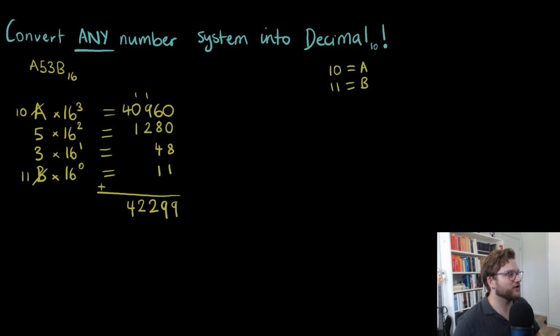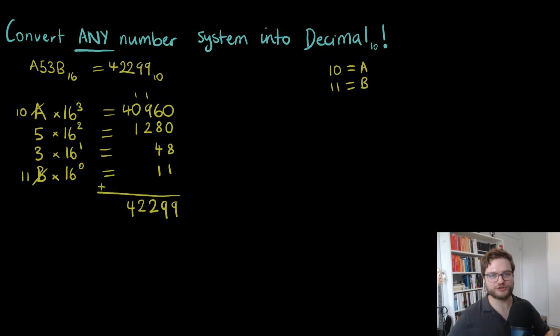So A53B in base 16 is equal to 42299 in base 10. But as always, I'm going to quickly test this on an online converter just to make sure that I haven't skipped any steps. Now that I've checked it and I can see that my answer is correct, let's move on.